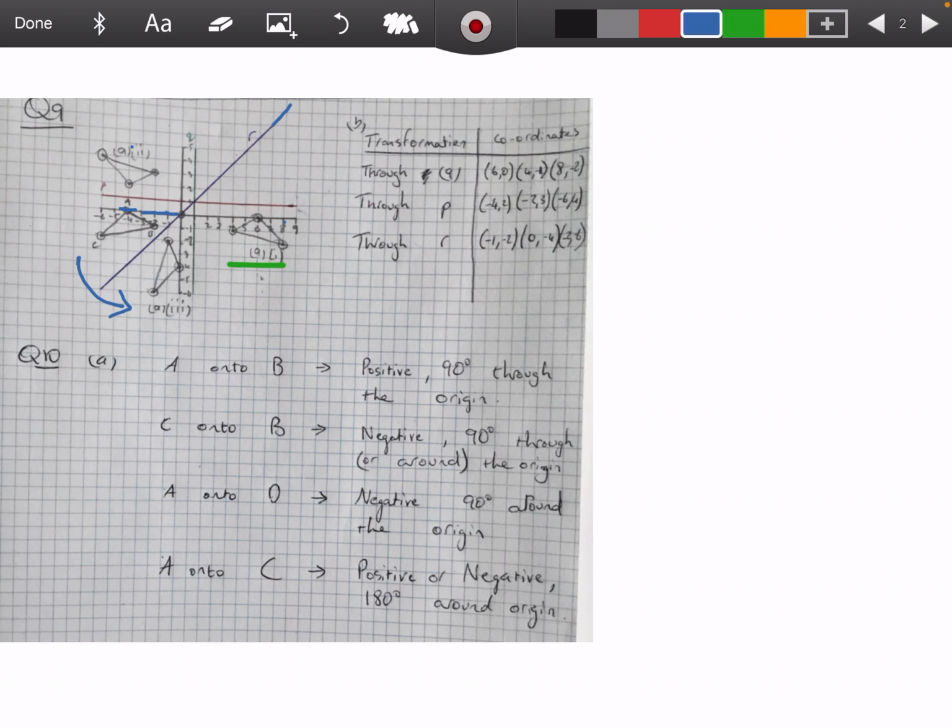So you went 4 spaces across to get to the line R, which means I had to go down 4 spaces, 1, 2, 3, 4. And the image of the point A is there through the point R when I go through axial symmetry through the point R. And the same idea, you could do it there. Look, you can see I only had to do 1 space across for B to get to the line, so I go 1 space down.